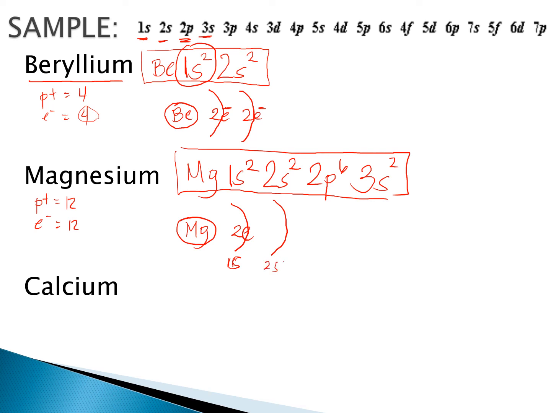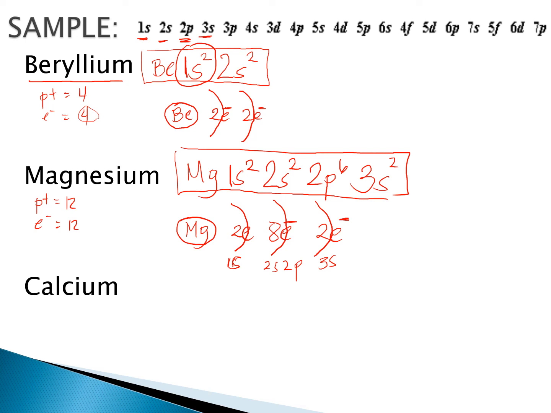So 2 plus 6, the answer is 8 electrons. And then third energy level, we have 3s. So there are 2 electrons in the 3s. So this is the half shell diagram of the magnesium atom.